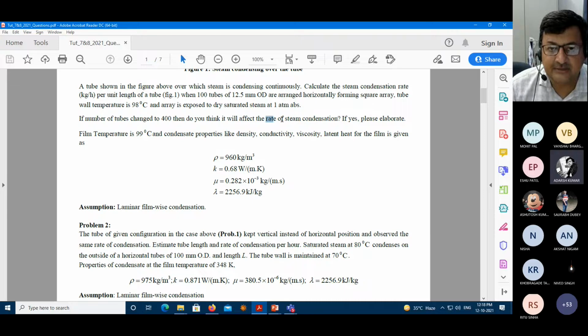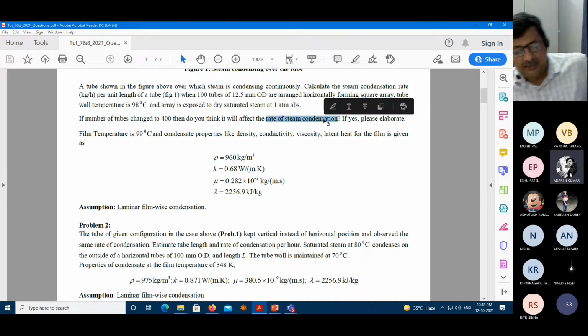So how do you get the rate of steam condensation now? See, this heat transfer Q that you obtain, this is related to what? This is the amount of heat that is transferred because of the condensation, correct?